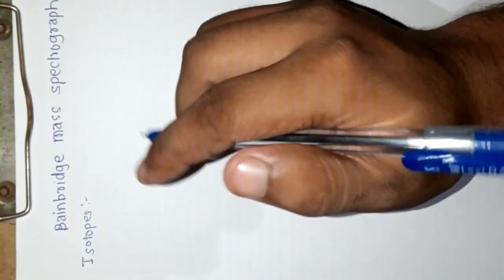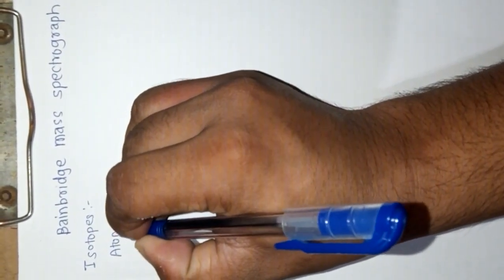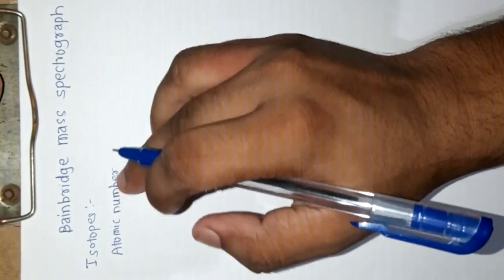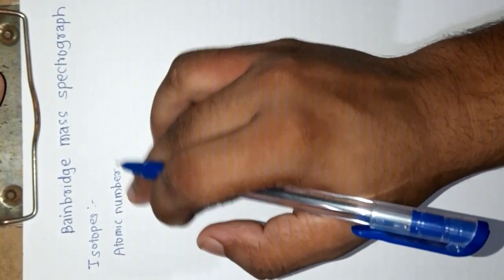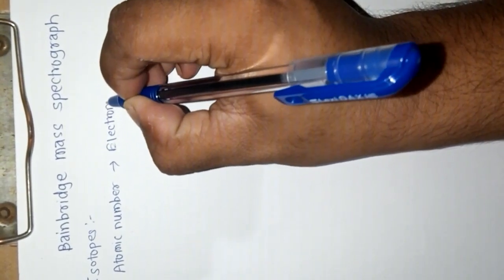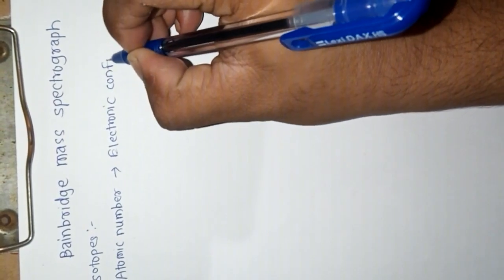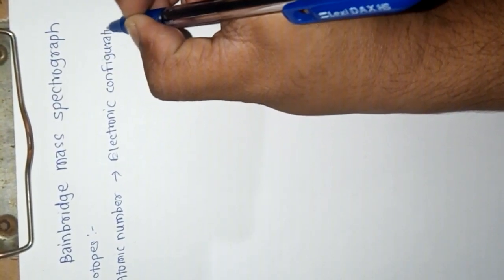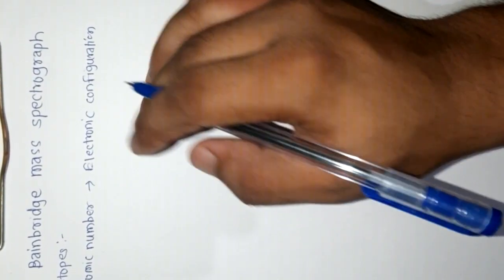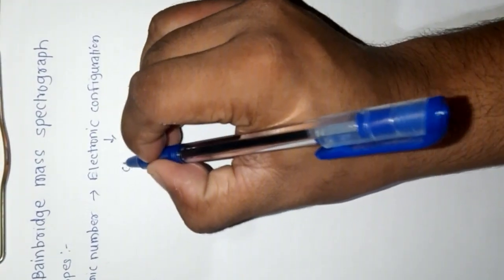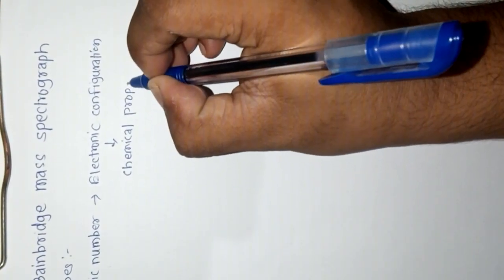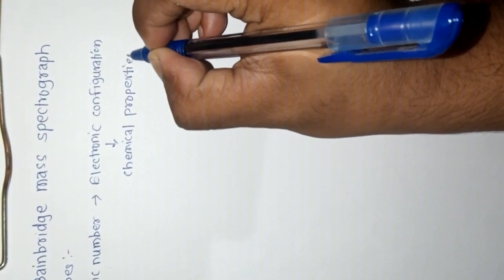That means if the atomic number is the same, then the electronic configuration is also the same, and if the electronic configuration is the same, then the chemical properties are also the same.